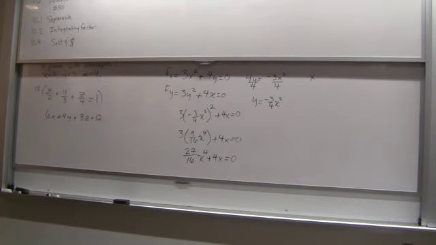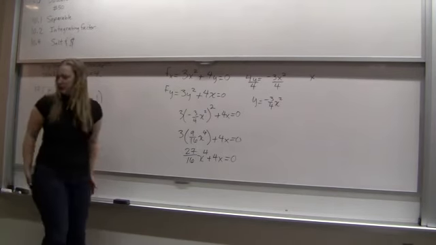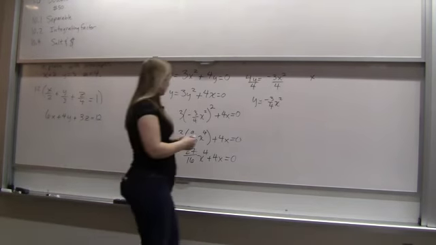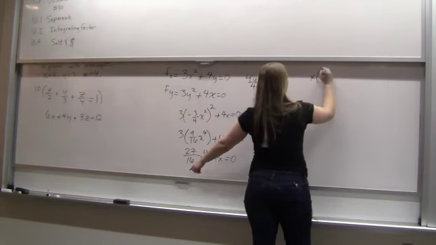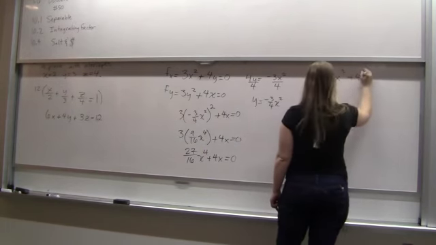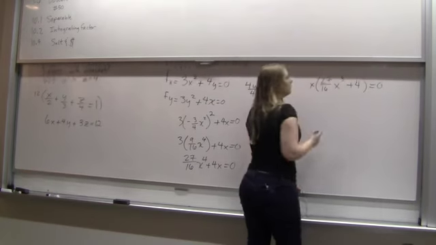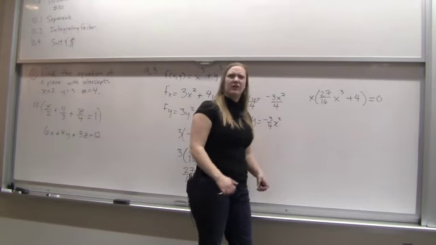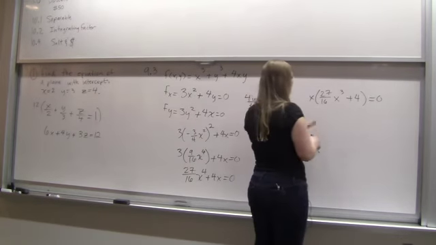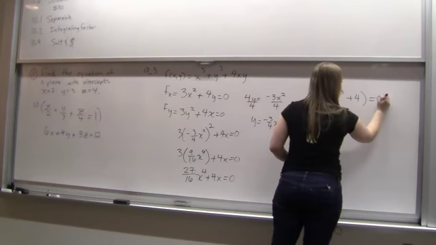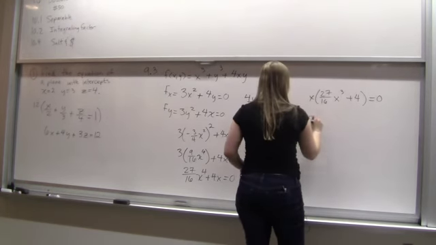I'm going to do one more step, and then I'm going to have you guys do something else for me. Where did I put my pen? Okay, I'm taking an x out of this. So I'd have 27/16 x cubed plus 4 equals 0. We all good so far? I hope so. Okay, so now I'm going to set each of these equal to 0 individually. So x equals 0.